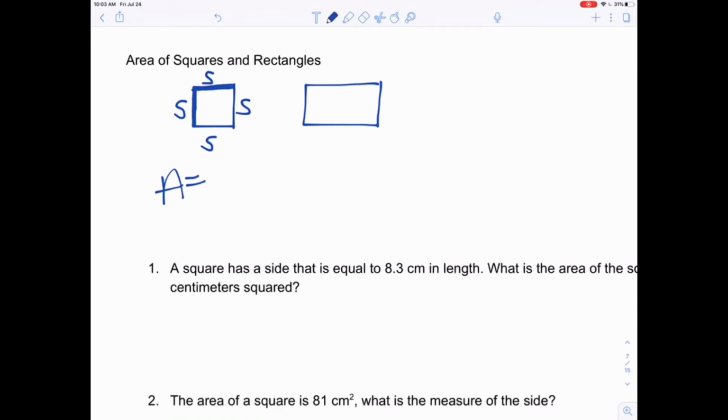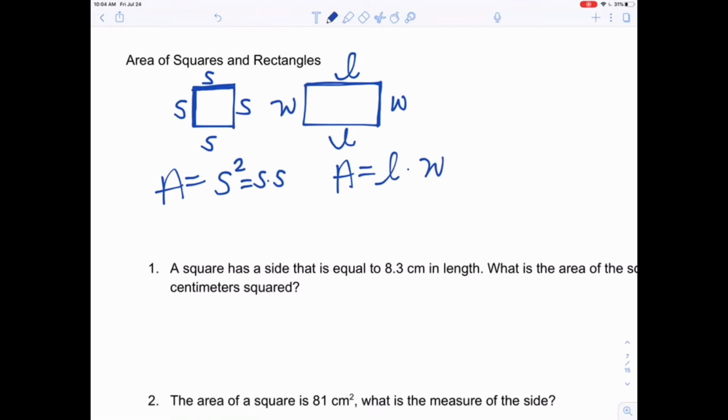So for a square, because they're the same, it would be side squared, or side times side. For a rectangle, it would be length times width. And that's it. That's all we got to remember there, okay?